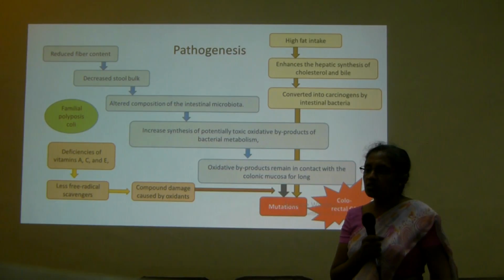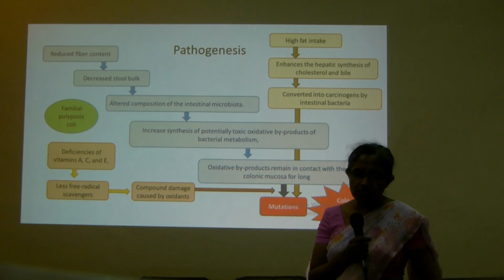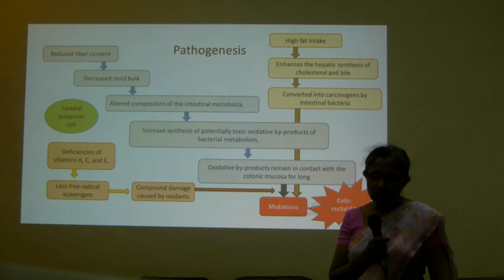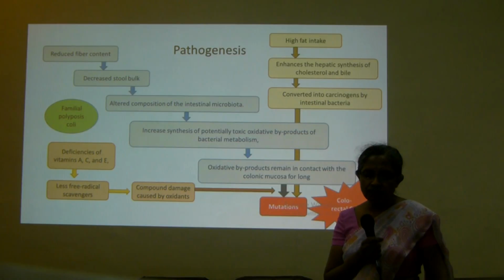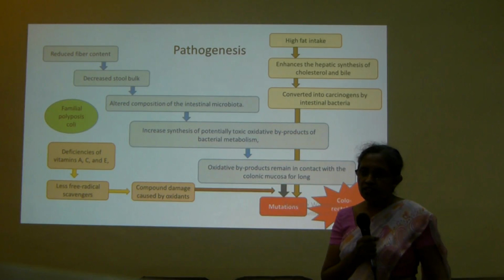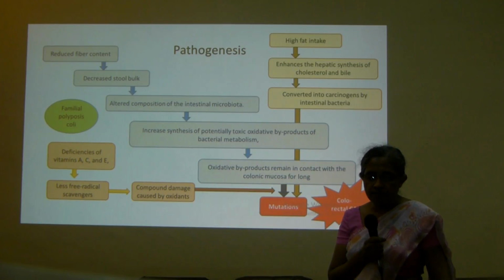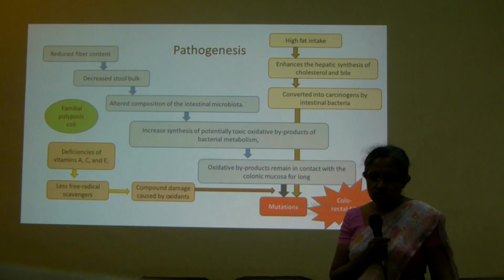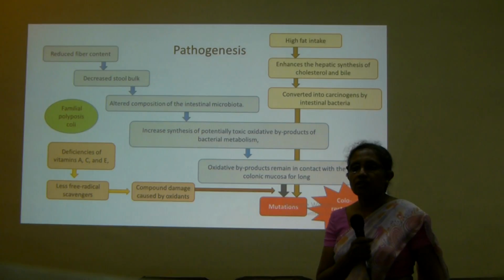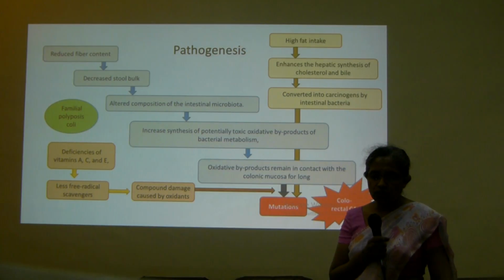Therefore, whatever the toxic oxidative substances, the byproducts that are formed during the passage of stools through the intestine, have a lot of time to exert their effects, and those oxidative byproducts remain in contact with the mucosa of the gut for a longer duration.